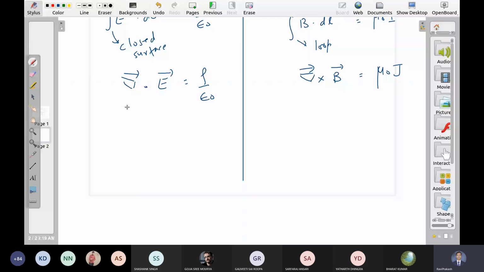They have closed lines, that is why del dot B is 0. Electric field is completely defined using these two equations. In the same way, magnetic field is completely defined using these two equations.